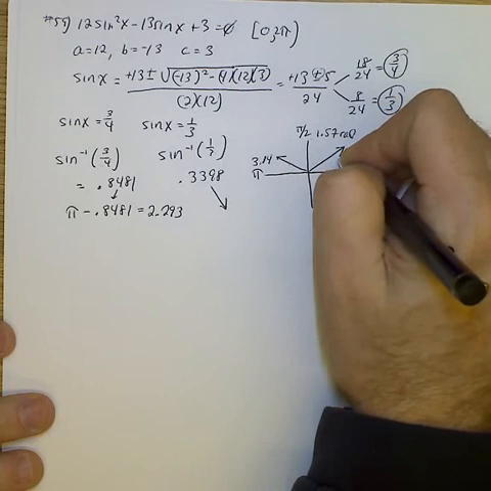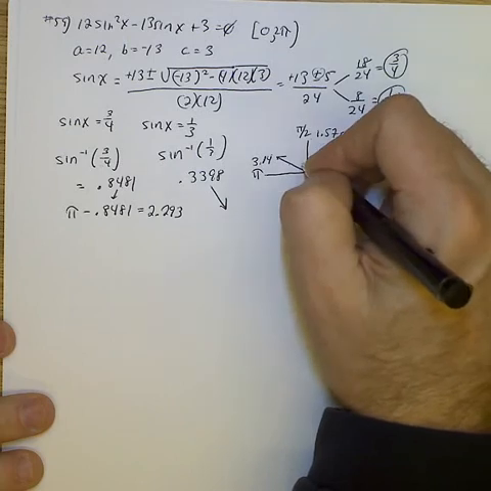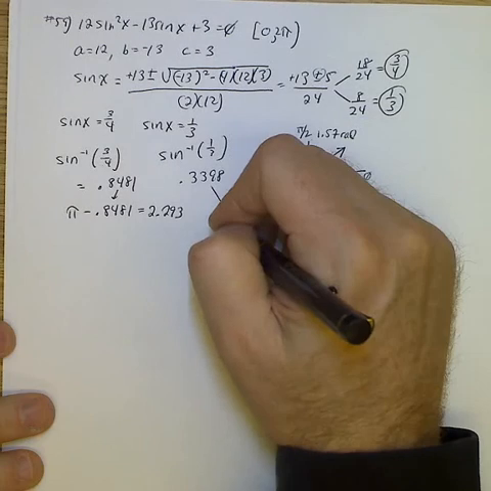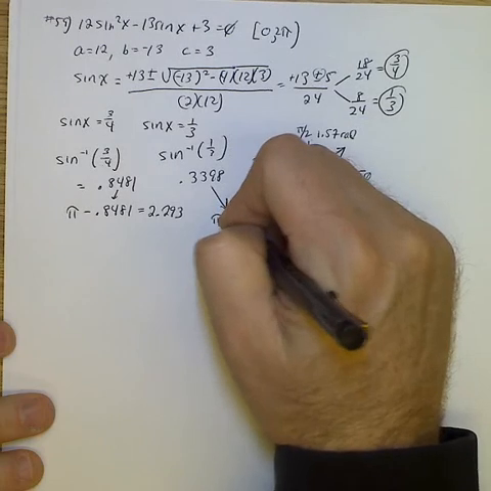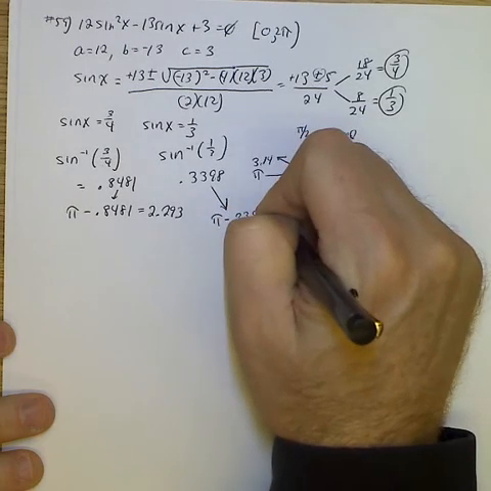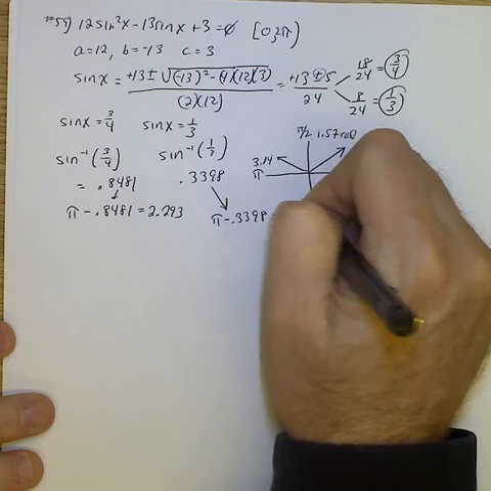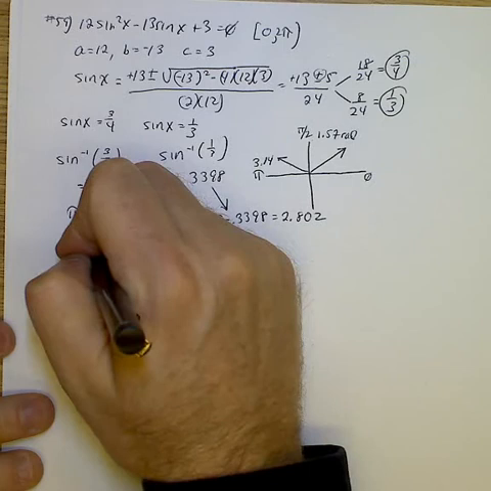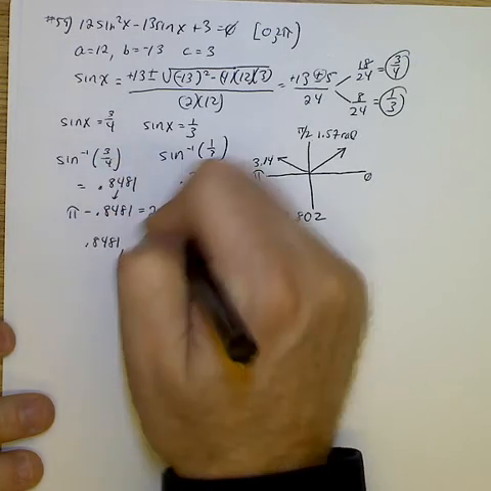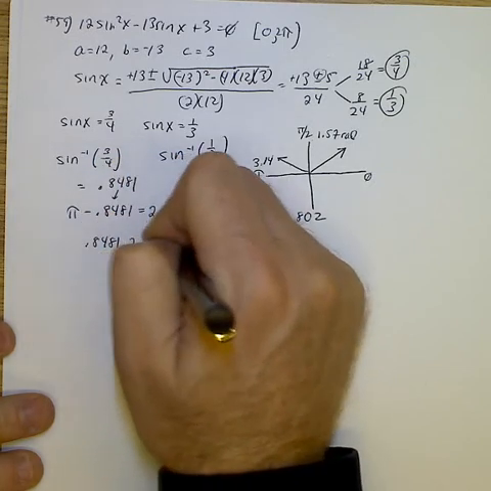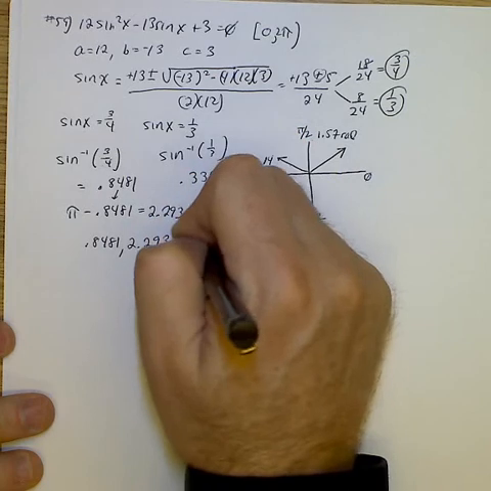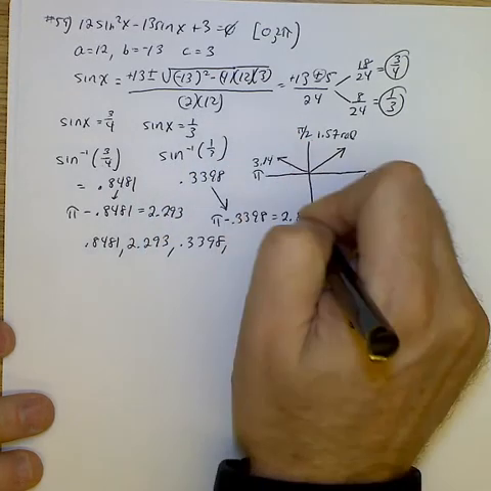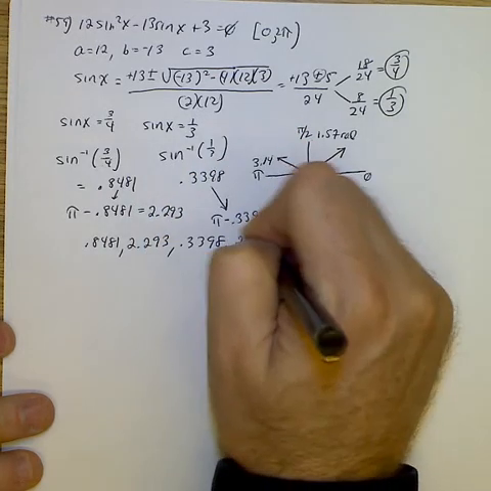We need the second quadrant angle that has that as a reference angle, so we'll do pi minus 0.3398, and we'll get 2.802. So our four answers for this problem are 0.8481, 2.293, 0.3398, and 2.802.